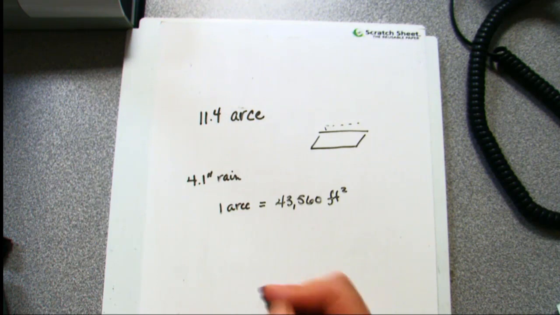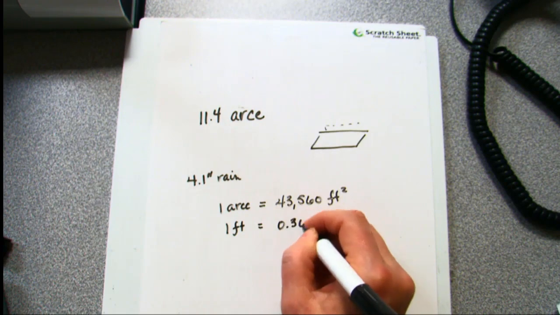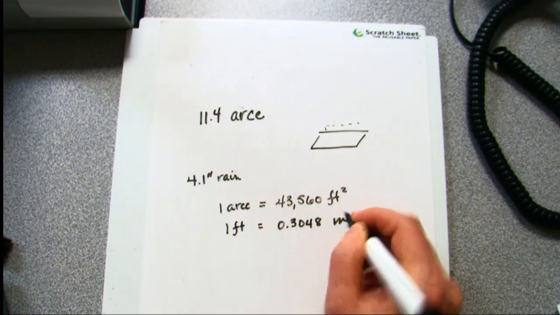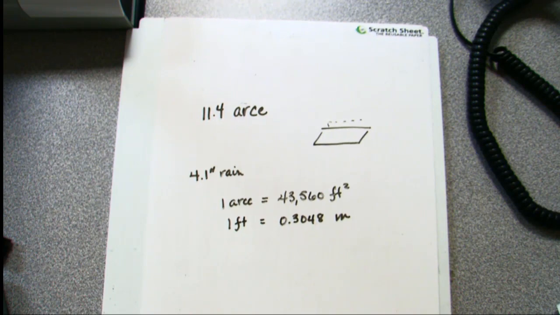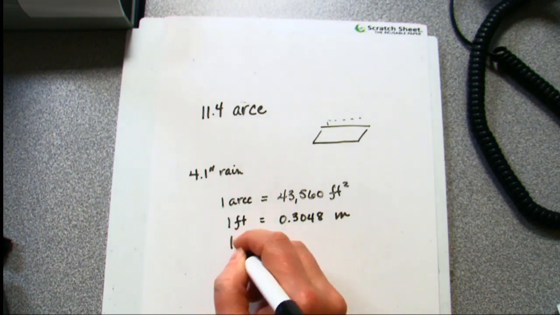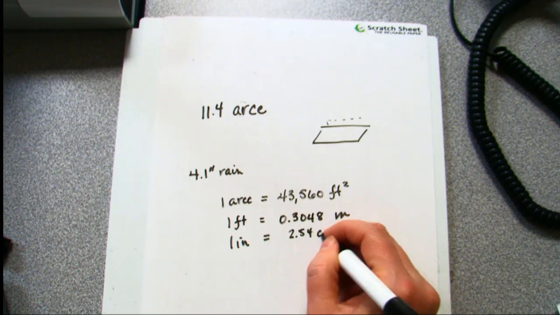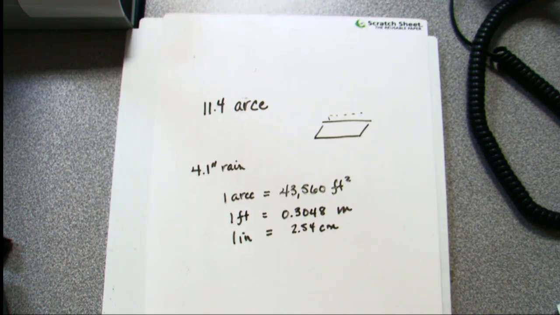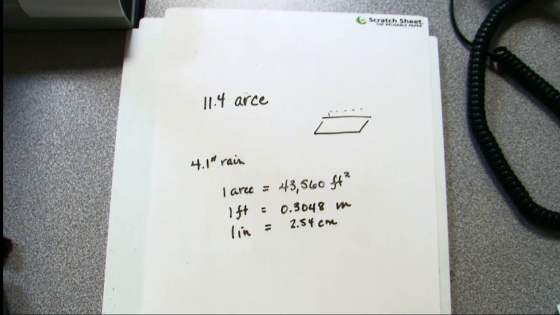Okay? 1 foot is 0.3048 meters, and we already know that 1 inch is equal to 2.54 centimeters. Okay? So we can calculate the volume of that, right?